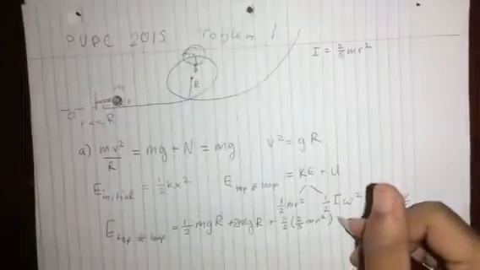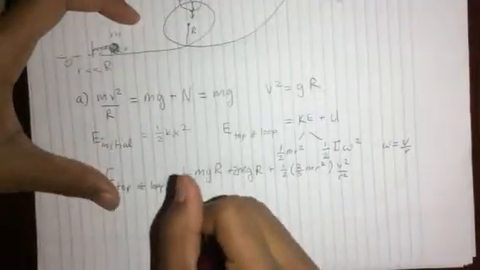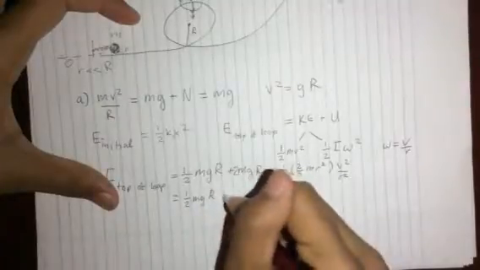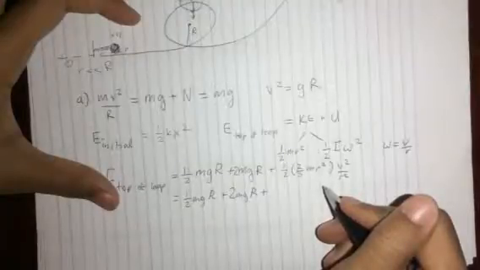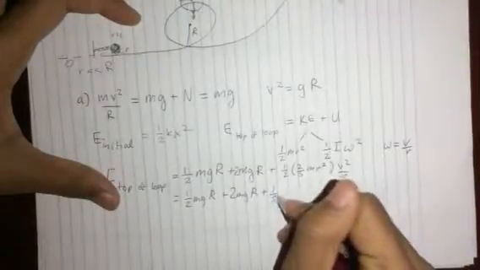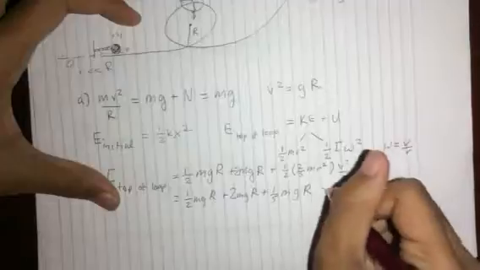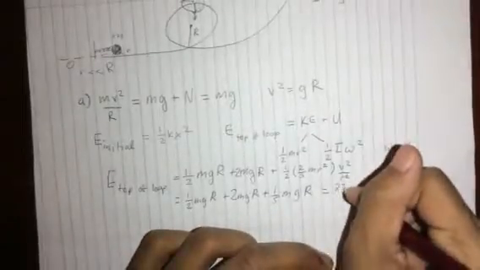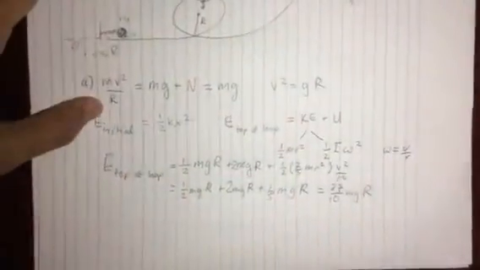So this equals 1/2 mgR plus 2mgR plus 1/5 mv squared, but v squared again is gR. Adding it all together, 2 plus 1/2 is 5/2, plus 1/5 is 27 over 10 mgR.